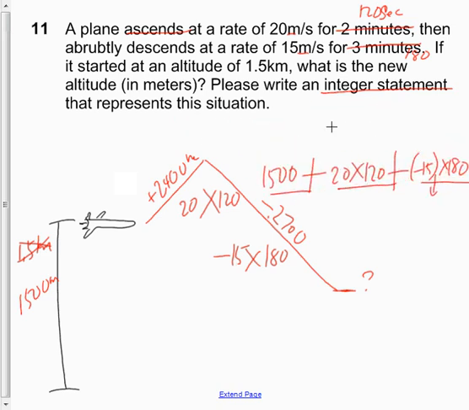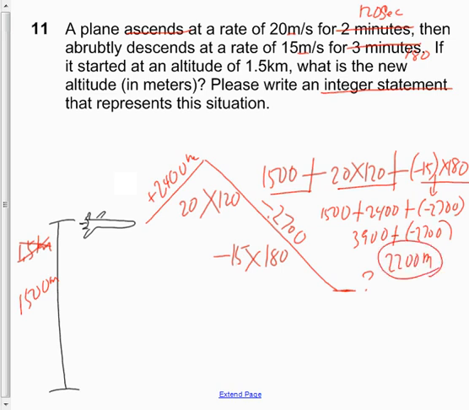the change in descending. Okay, so when you work all this out, you get 1,500 plus 2,400 plus negative 2,700. You're going to end up with 3,900 plus negative 2,700. You get 2,200 meters.